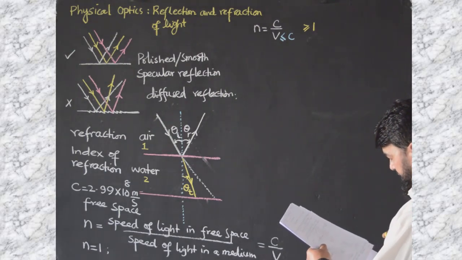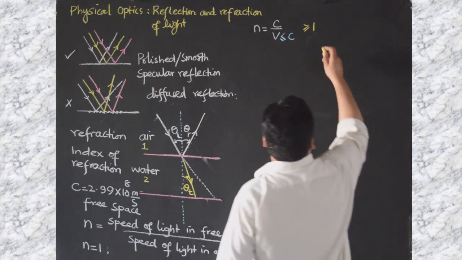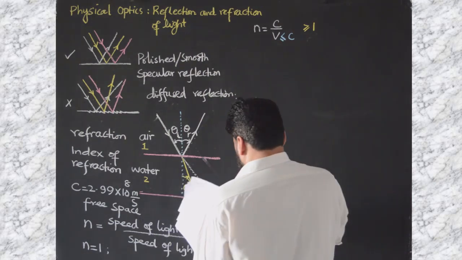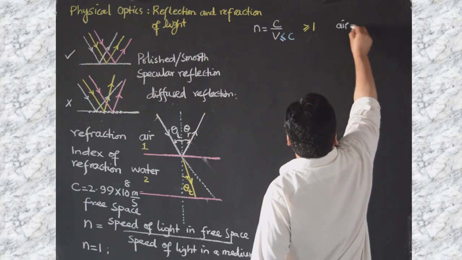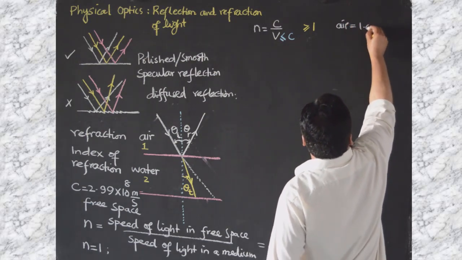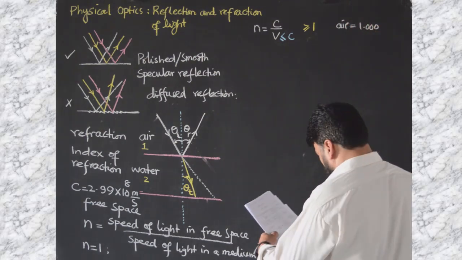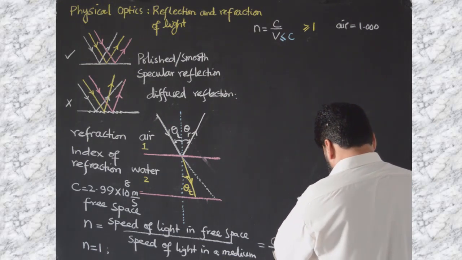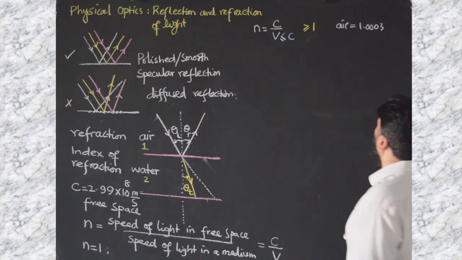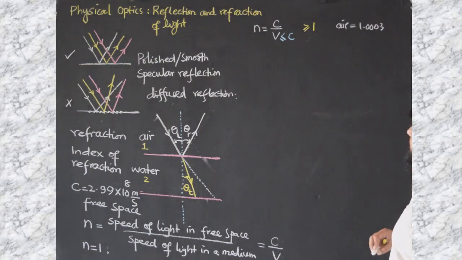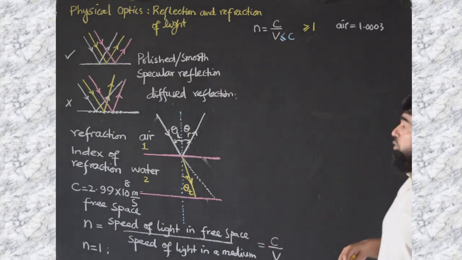If, for example, I consider air, the n value for air is 1.003 probably. So it is slightly greater than 1. So air can be considered close to vacuum.